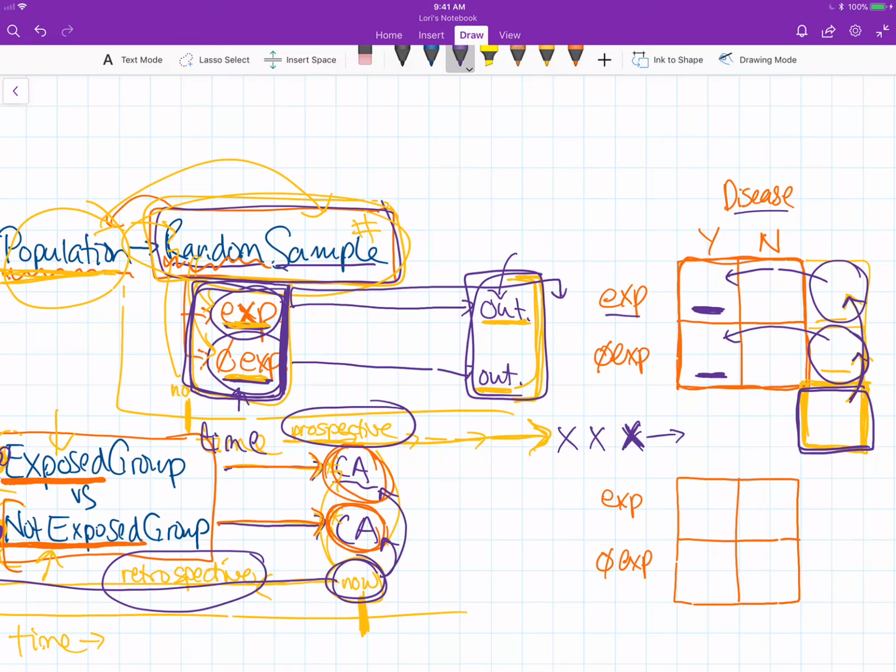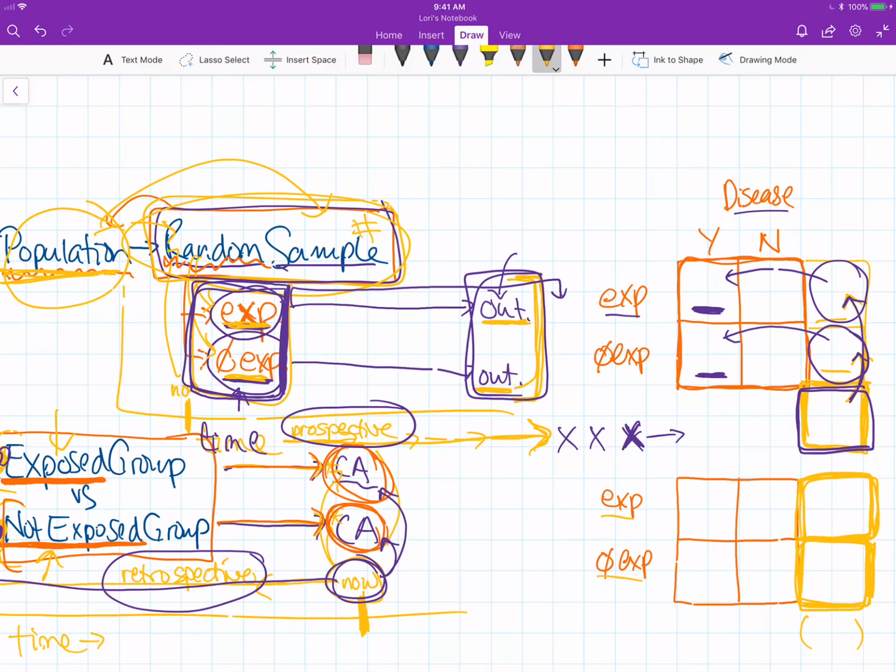And so the thing that I like to point out in this case is that I'm really forming my groups. I'm forming an exposed group, and I'm forming a not exposed group. I can come up with a total down here, but this is really who I'm starting with. When I take some kind of a sample out of the population, I'm looking for exposed and not exposed.